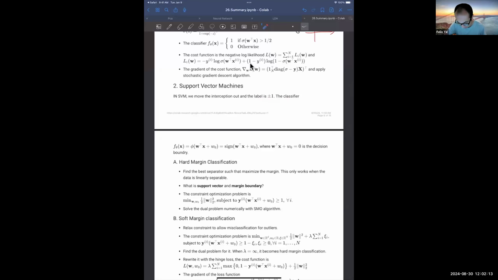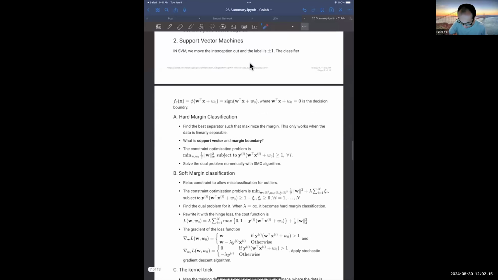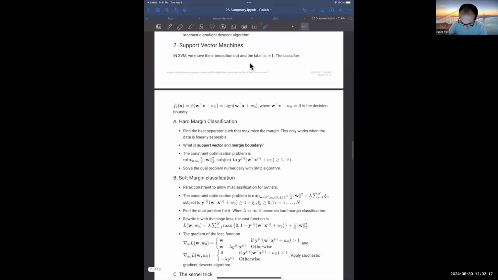Basically, we separate the whole space, so we want to draw a line. This is the line that we want to predict. Everything on and above the line will be plus, and everything below the line will be minus. This is the whole point.